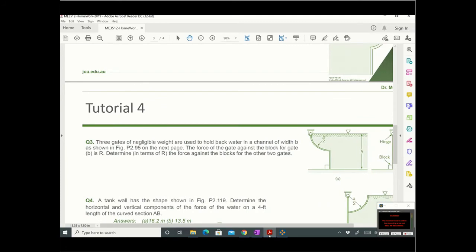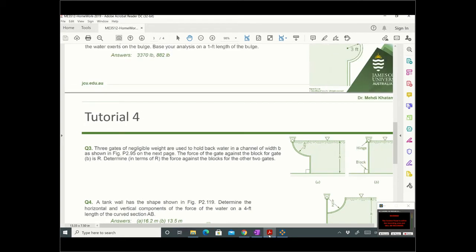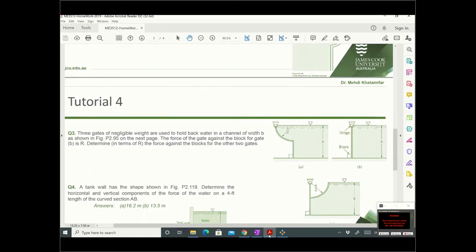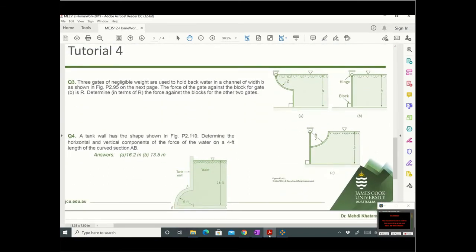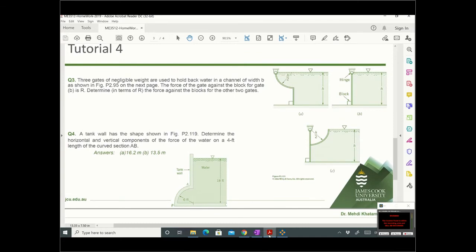Sorry, my print there was nothing there. Let me read it once more: force against the block of the gate.